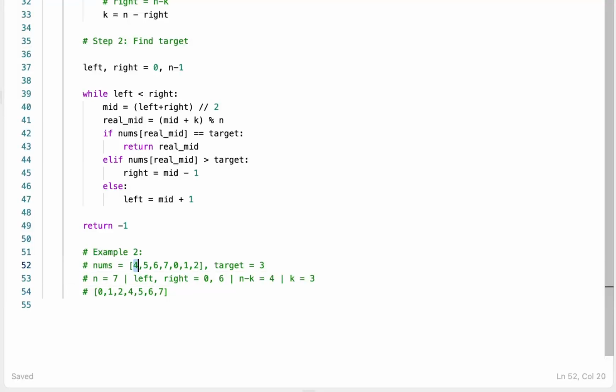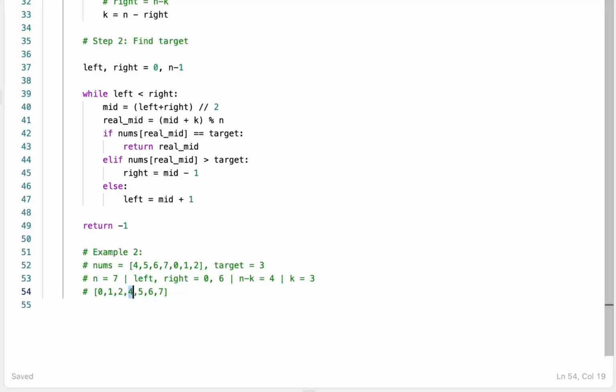So 0 is 4. And if we divide this one by, we have 3 to the right, 3 to the left, and the answer is 4. And is 4 the target? No, it is not. It is even higher than. So we go to the left.